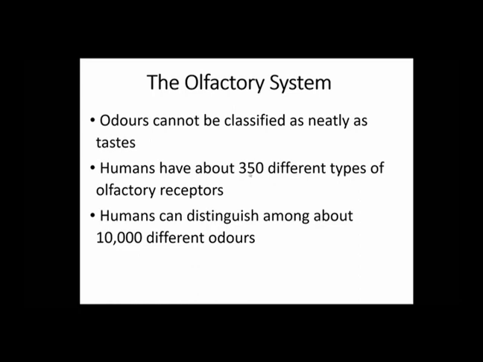So we don't have one receptor for each odor we can identify, so there's going to be multiples being activated. And just like with our sense of taste, where our brains interpret different patterns of activation from the receptors to determine what the taste is, our sense of smell is going to do the same thing, where different patterns of activation from our olfactory receptors will produce different recognition of odors.